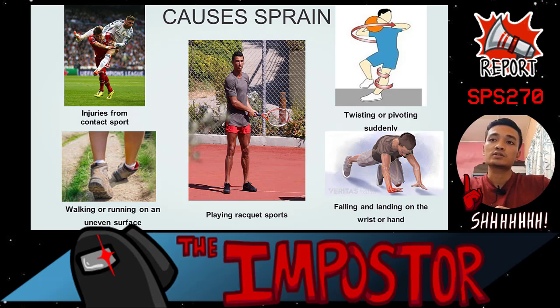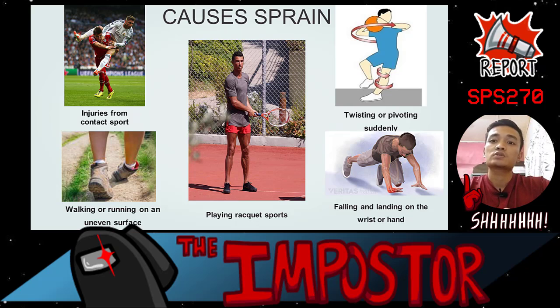Next is twisting or pivoting suddenly, such as in basketball or netball, when you want to change direction immediately. Next is falling and landing on the wrist or hand. And next is playing racket games such as tennis or badminton, where you use your wrist a lot.